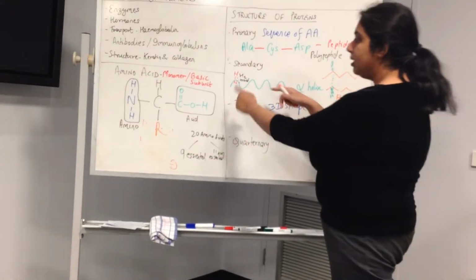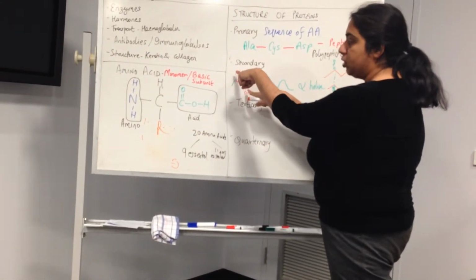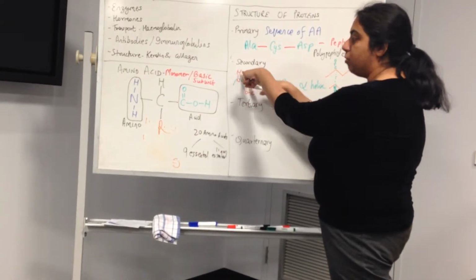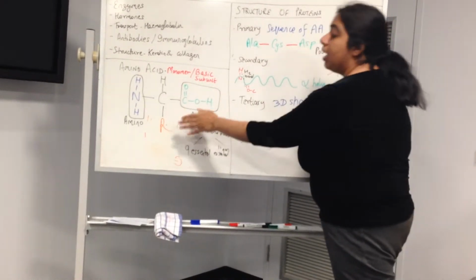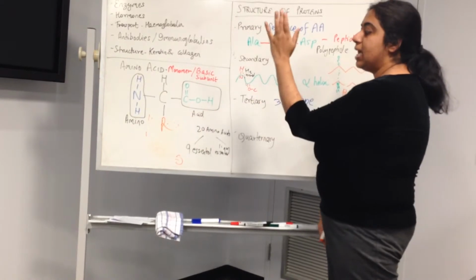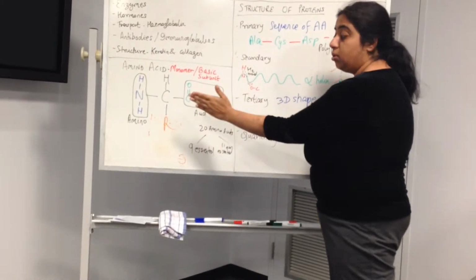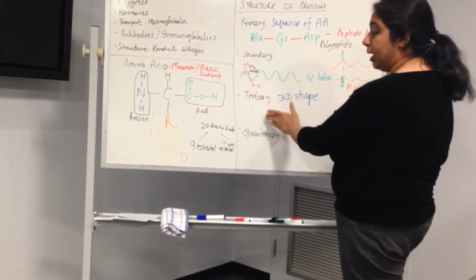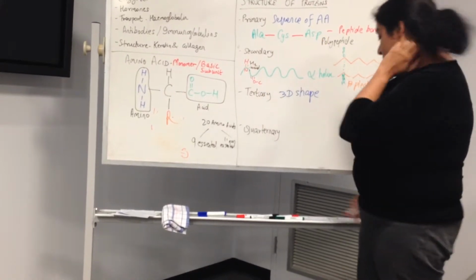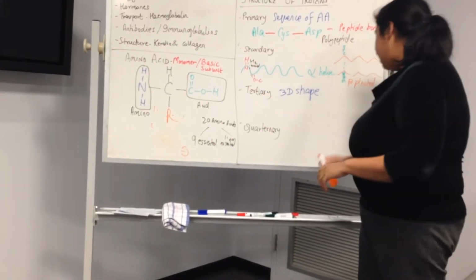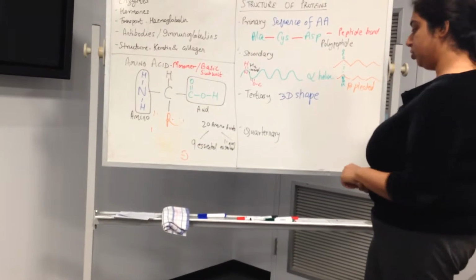So it's the same thing, except unlike secondary structure where you had the C double bond O and NH forming hydrogen bonds, you have hydrogen bonds, hydrophobic interactions, and disulfide bonds, various different bonds that are formed by the R group of adjoining amino acids. And this, as I said, is mainly responsible for the function of the protein.